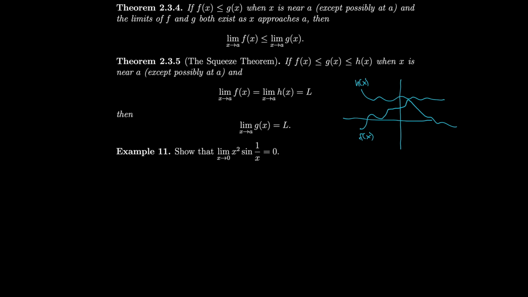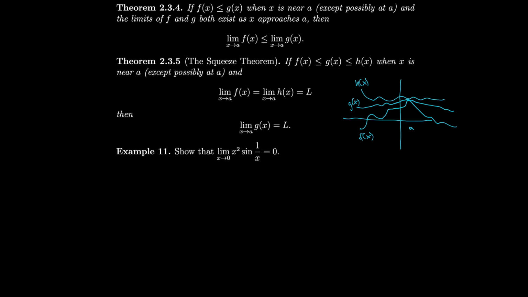If I draw another function g, it could do anything, but as long as it has the same limit right over there, this is a over here, then this function g will have the exact same limit right over here. And it makes sense because it's being squeezed by h and being squeezed by f. So how could it escape and have a different limit?